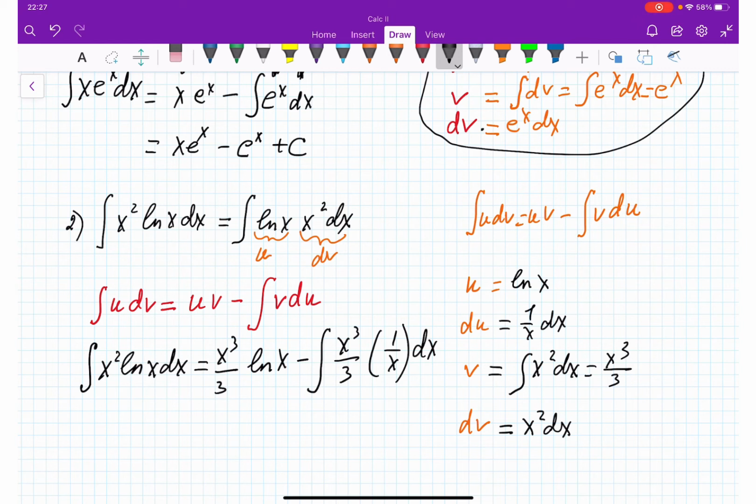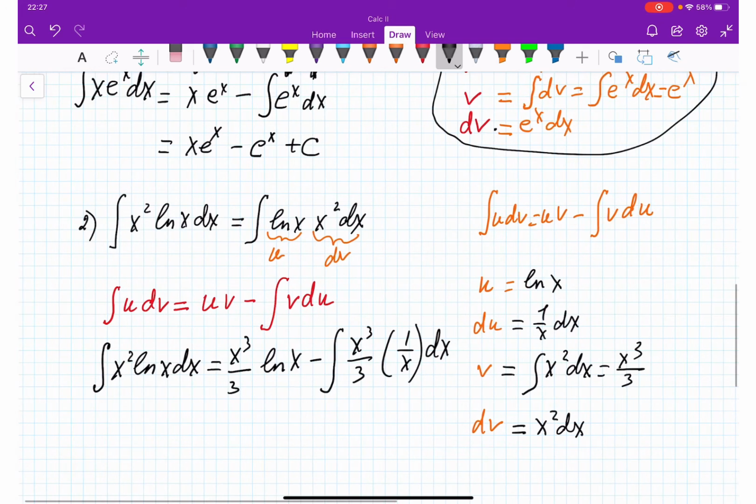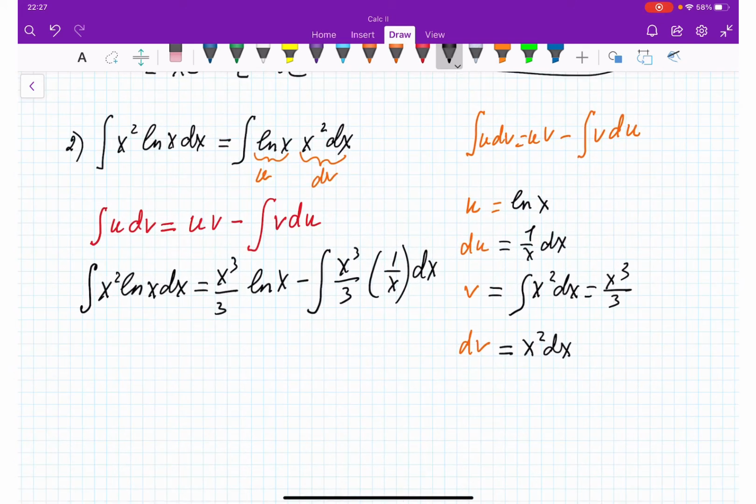Okay, so we substitute it. Now we are going to simplify. This is gonna be equal x cubed over 3 natural log x minus 1/3 comes out, obviously, and this x is going to be gone, and this 3 is going to become 2, and we are getting x squared dx. See how beautiful it's becoming.